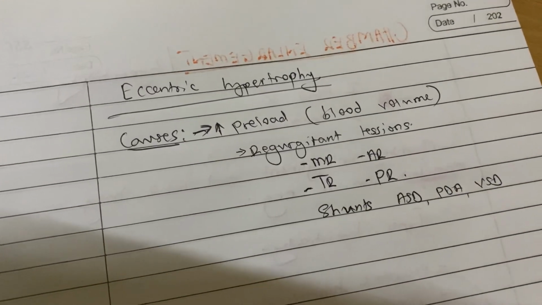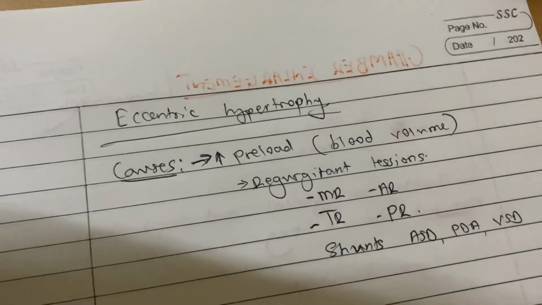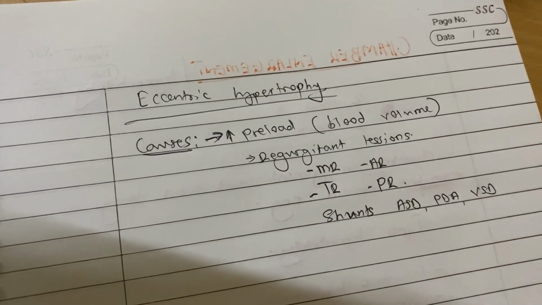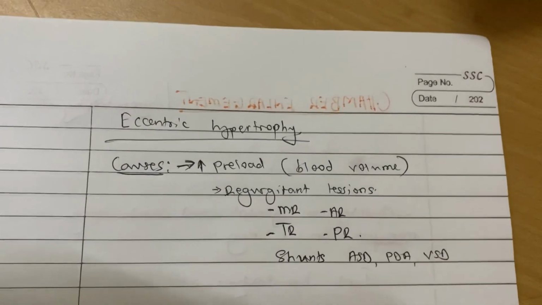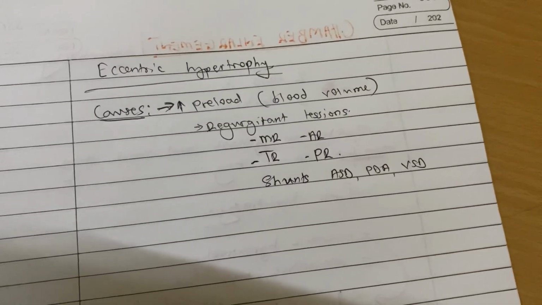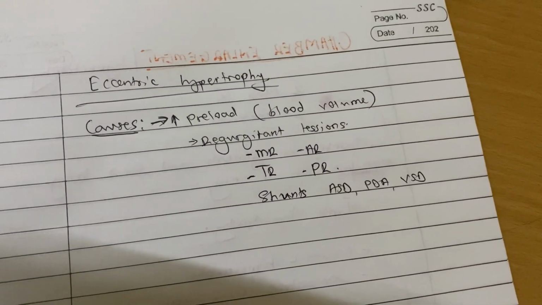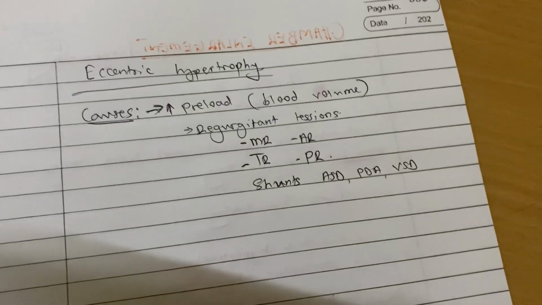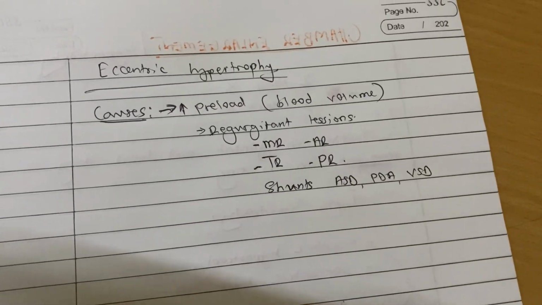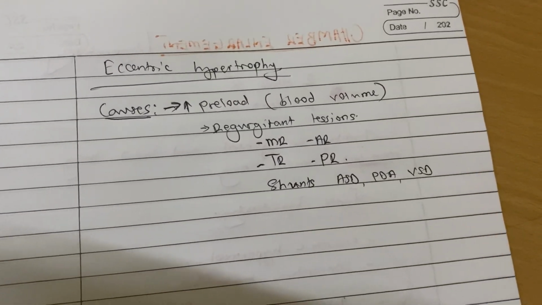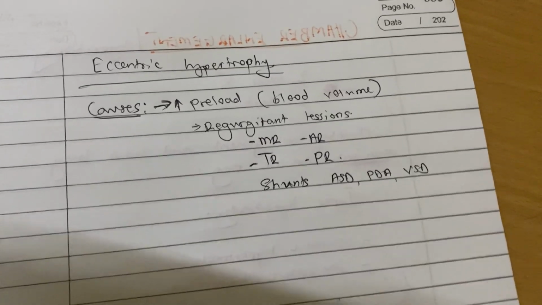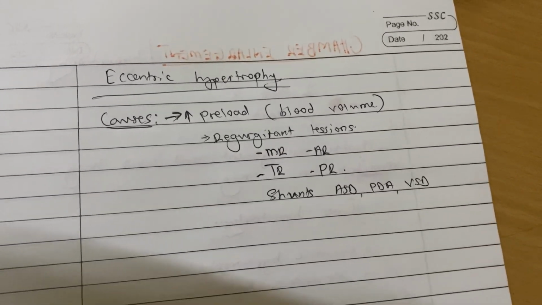For example, if we have a VSD, ventricular septal defect, depending on the pressure differences, blood will be coming from the LV into the RV. So what does it mean? That the RV will be handling an excess amount of blood, and with time it will dilate to accommodate that increased amount of blood.